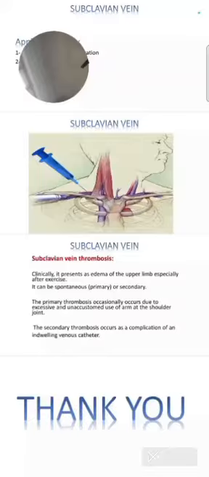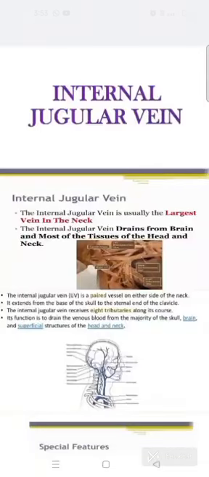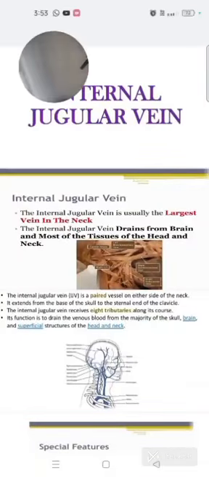And next we will see the internal jugular vein, which is very important. The internal jugular vein is the largest vein present in the neck, and it drains blood from the brain and most tissues of the head and neck. So this is very important.